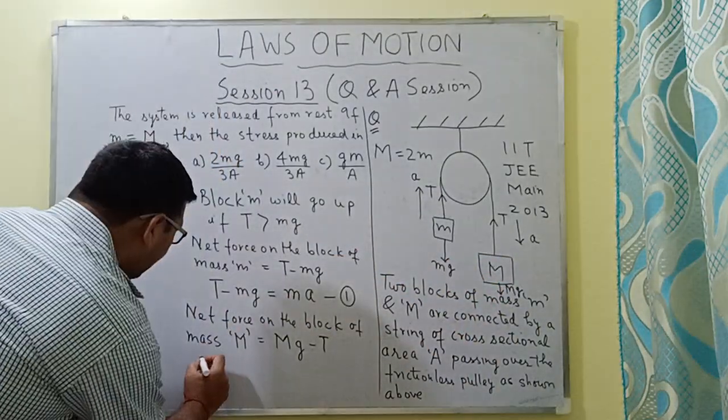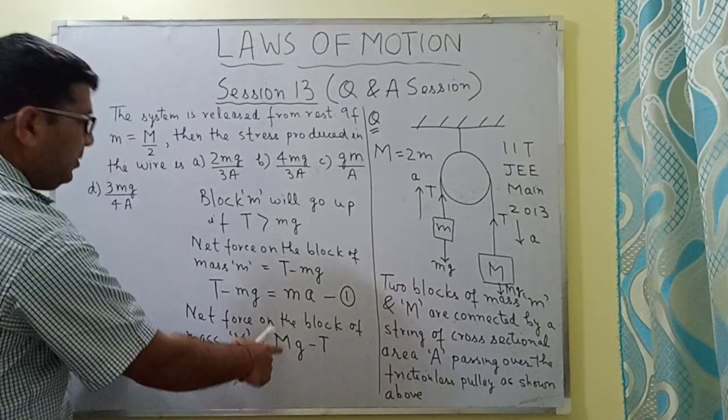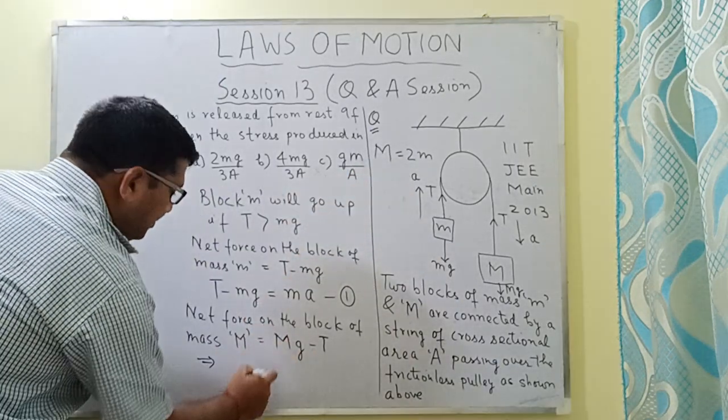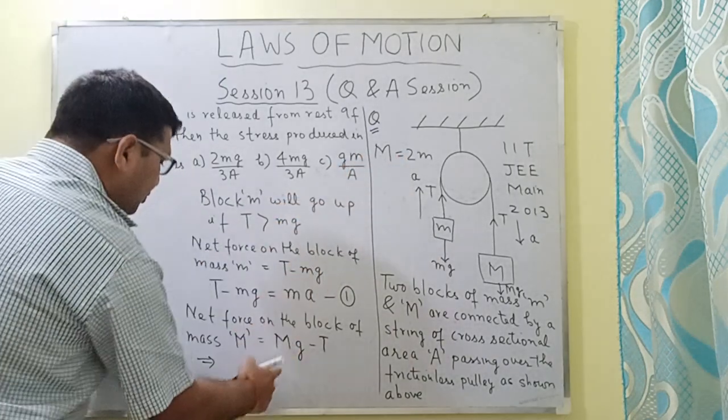So we can write this. It implies that now M is equal to 2m. So I will be substituting this M is equal to 2m in this equation.